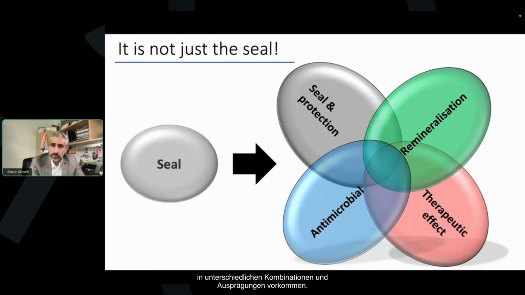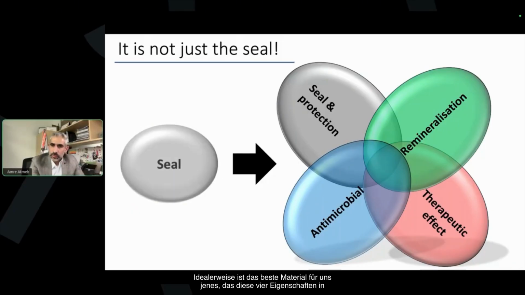influence of the material on the pulp. And thirdly, you have the antimicrobial properties, which can also complement the other properties, because by reducing the chance of infection, you're giving the pulp the proper chance to heal.